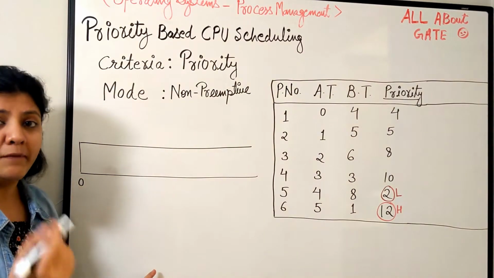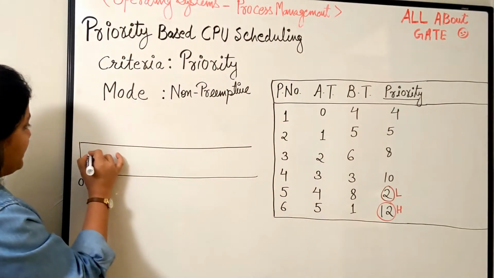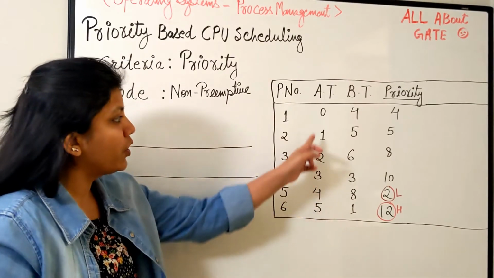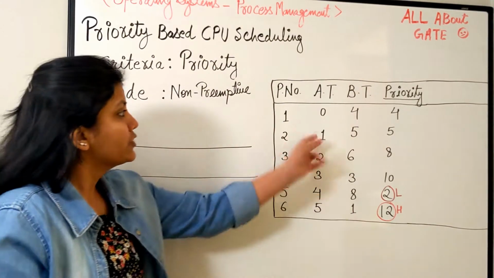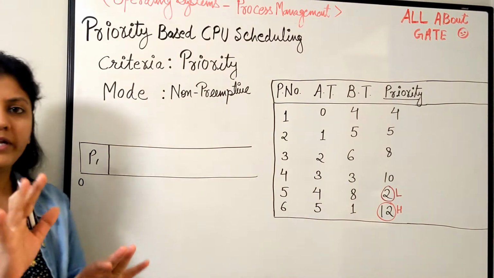It usually happens. At time 0, we just have one process, P1, which we can schedule directly because no other process is available. The others all come after time 1.